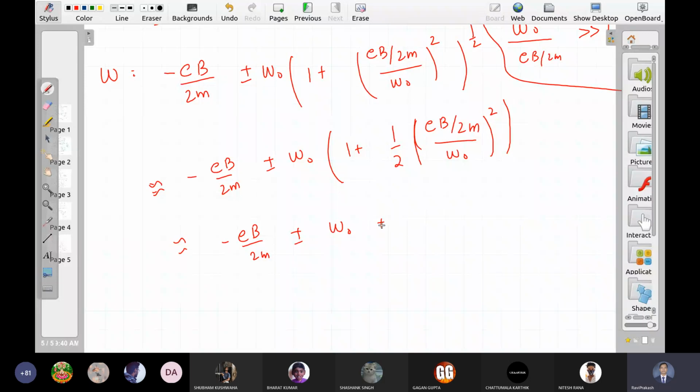Plus minus half eB upon 2m square upon omega naught. This quantity is extremely small compared with all this quantity. I can simply say omega is nearly equal to plus minus omega naught minus eB by 2m.